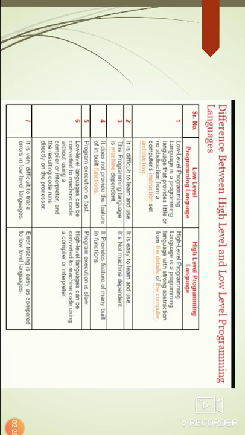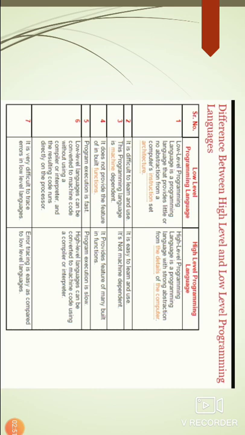So let's see the differences between high level and low level programming language. So here the first difference is, low level programming language is a programming language that provides little or no abstraction from a computer's instruction set architecture.